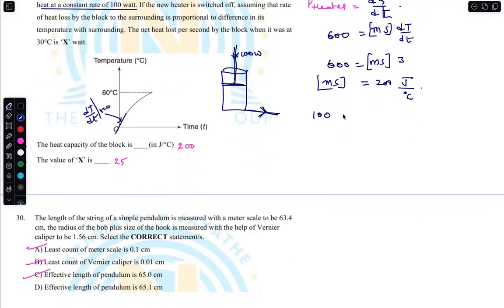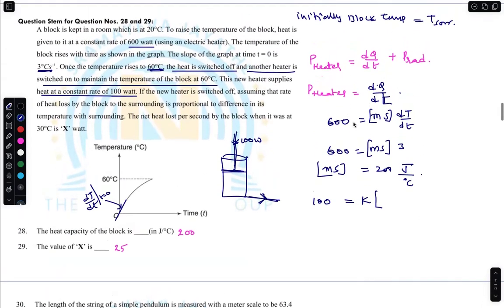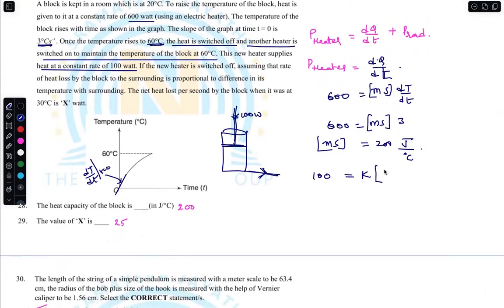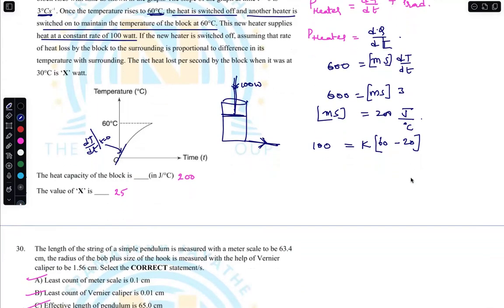So therefore, 100 watt is equal to some constant times... The surrounding is at 20 degrees centigrade. Once the block reaches 60 degrees centigrade, 60 minus 20 is the rate at which it is lost. So I know the constant right now. The constant value K is 100 by 40, 10 by 4, 2.5. Wherever it is required, I will use it, right?